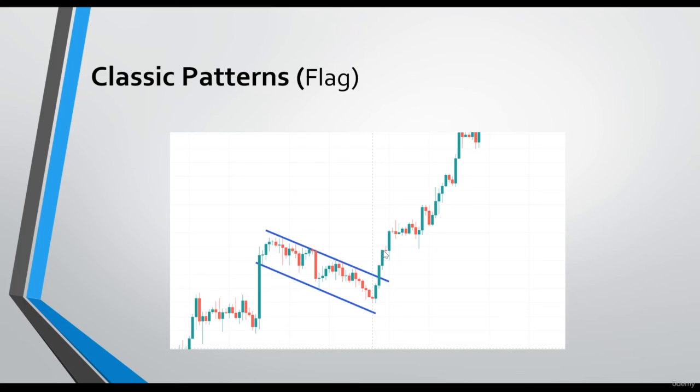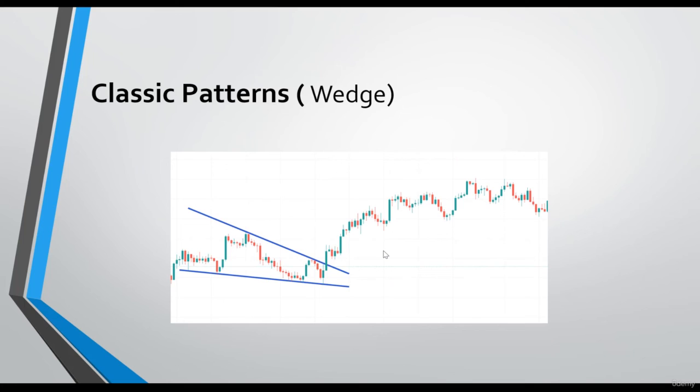And finally, the last classic pattern that I'm going to talk about is called wedge. It is very similar to triangles, but when the two lines cannot touch each other, they call it a wedge. But in my opinion, it is somehow the same.